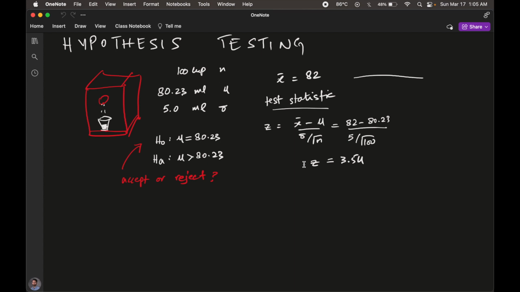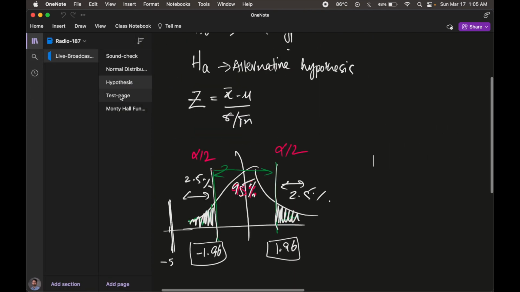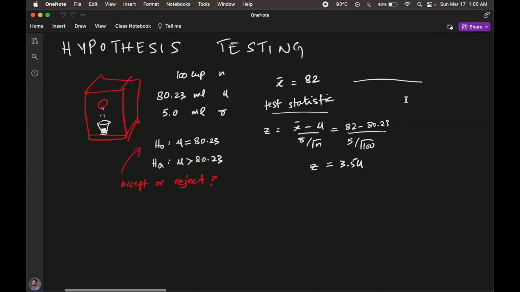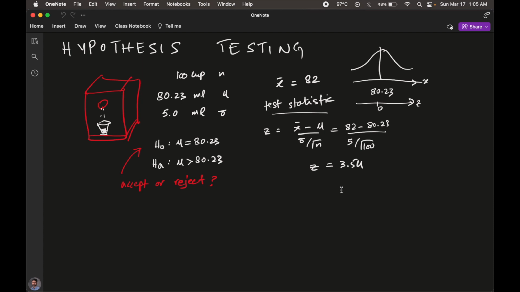Let's refresh. I think this is going to take a second, but I will continue to interpret this value. So we've got 3.5. Oh, okay, it shows up right here. So we've got 3.54, which is 3.54 standard errors away from the mean value.